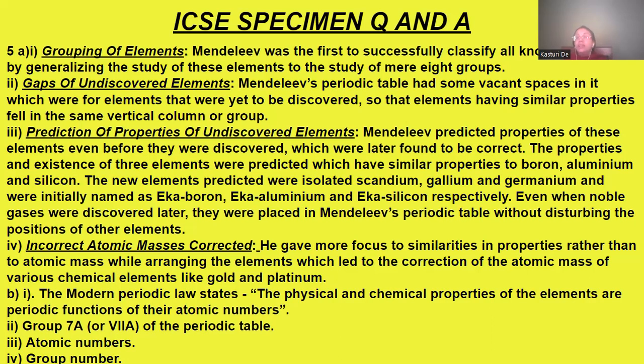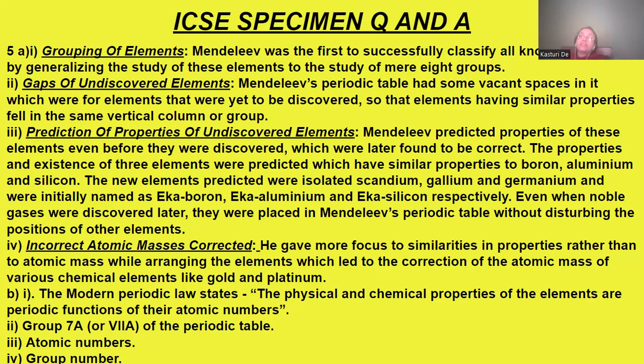I told you that he placed some gaps for the undiscovered elements and also predicted the properties those elements would have when discovered later. He predicted that, and that was proved to be correct.